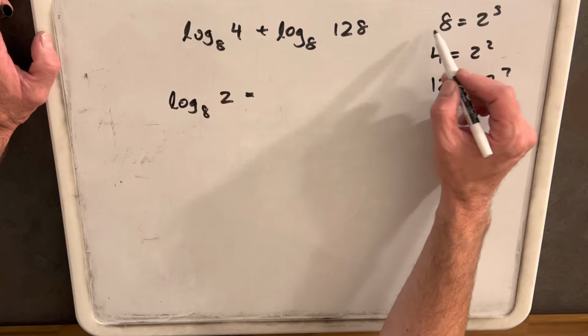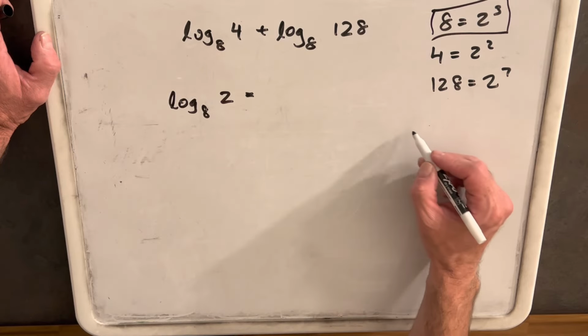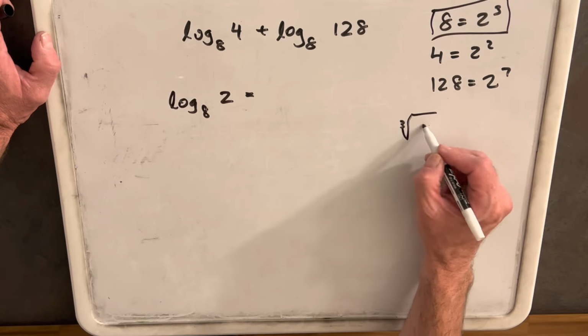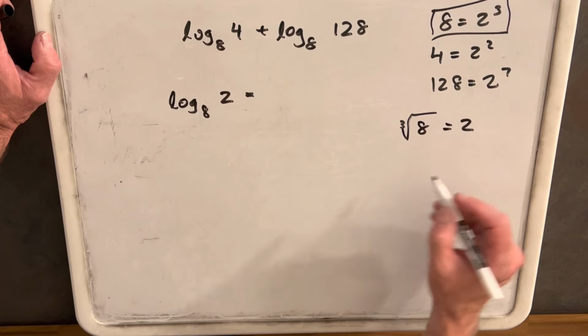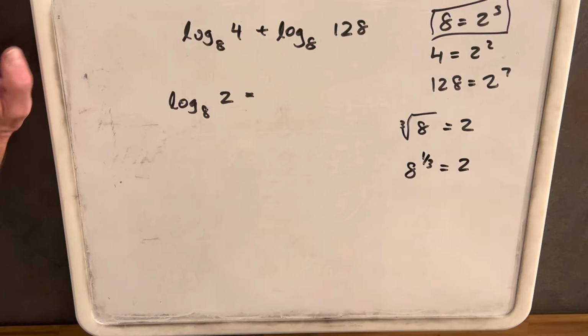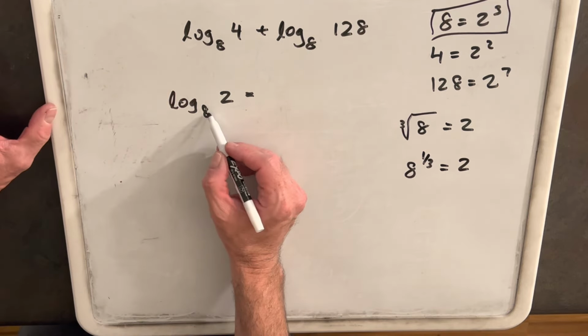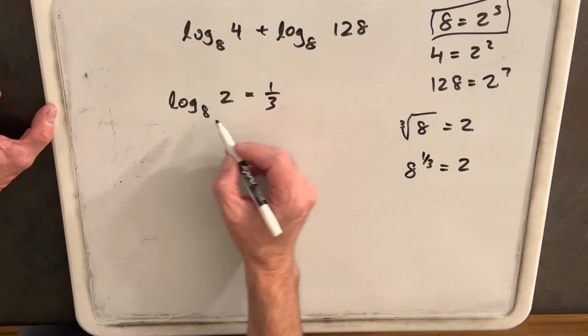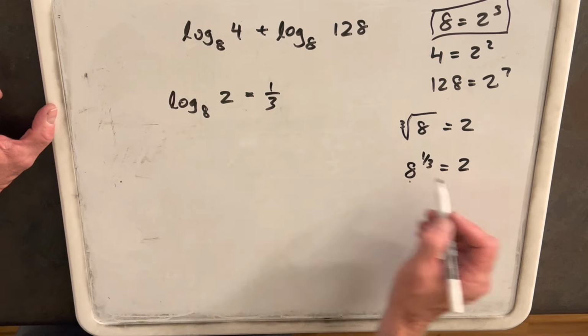Well, looking at this means that the cube root of 8 equals 2. So if we raise 8 to the 1/3, we get 2. So that means here, this is 1/3.